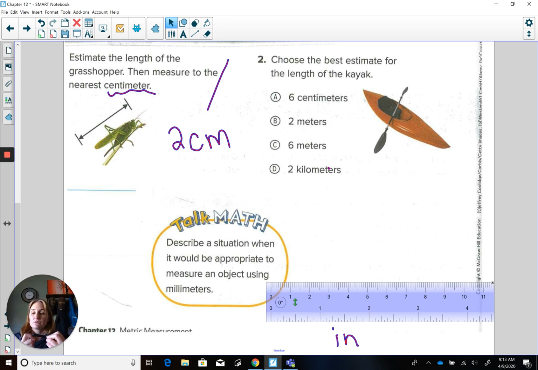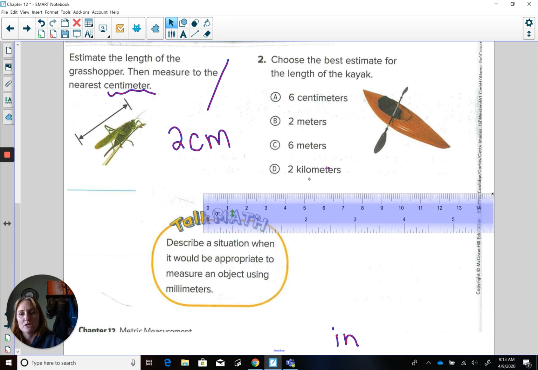Scissors are much smaller, so you're going to see more. My ruler on here doesn't say centimeters, but if you have a ruler that has both customary and metric measurements on it, you can use that.